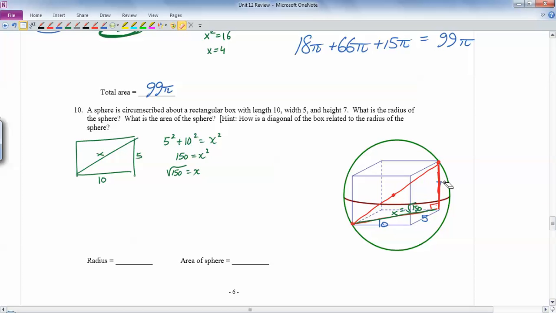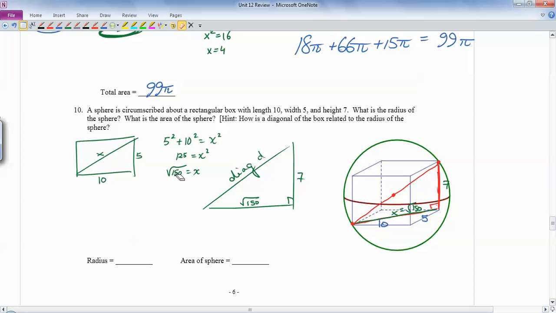And it's kind of hard to see the 7 that I put there earlier, but there's the 7. So now I've got this big triangle to work with, and it's floating in the middle of that box. This is 7, this is root 150, and this is the diagonal of the box, so I'll call that D. Oh, I'm sorry, I messed up. That's not root 150, that's root 125.